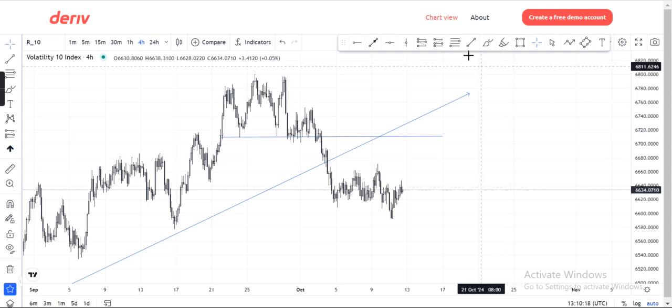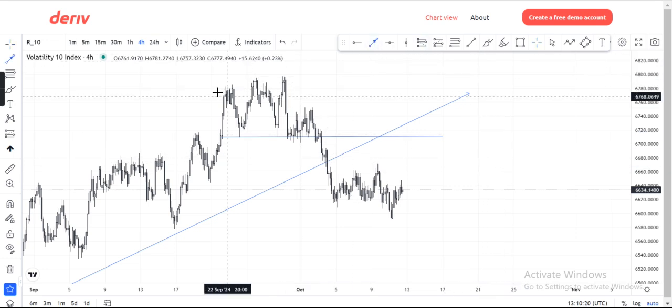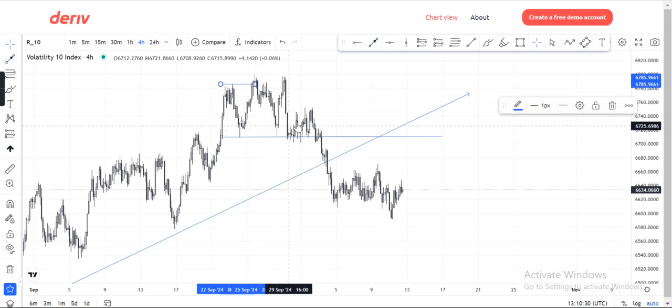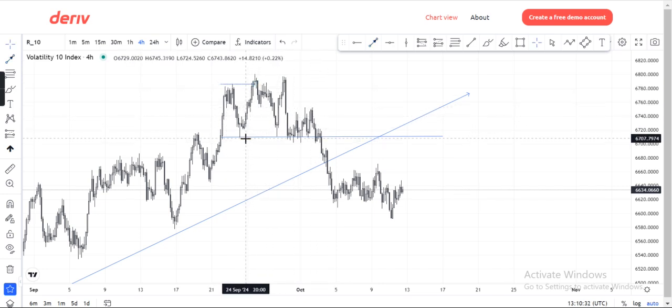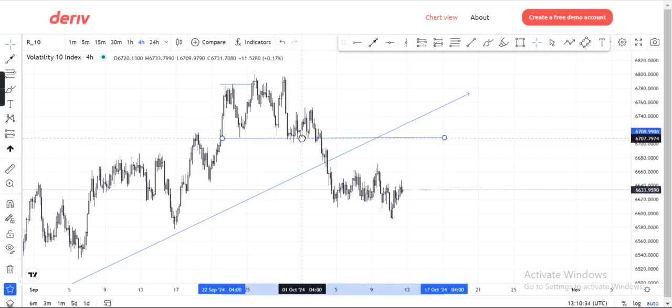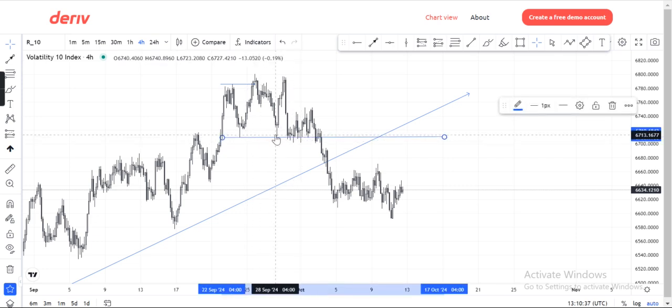This was our last break of structure, and then this low created a push up to this area, hitting take profit, and then the market dropped to the downside, retraced, and dropped again.